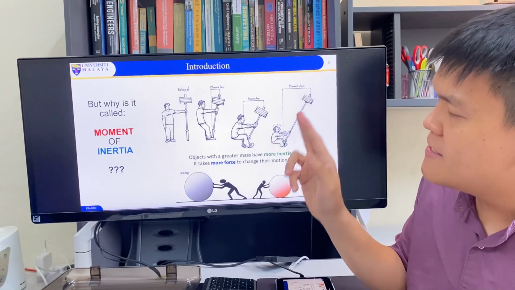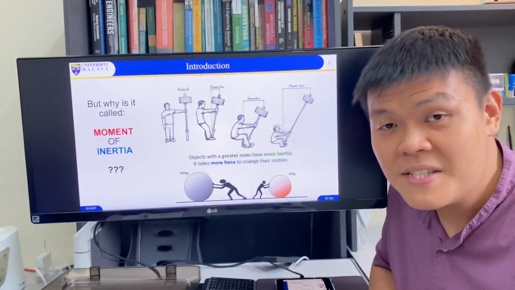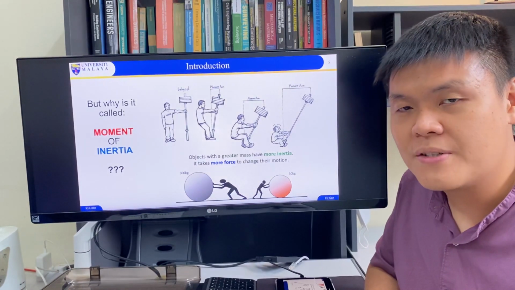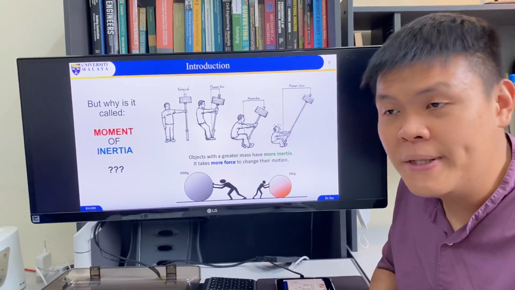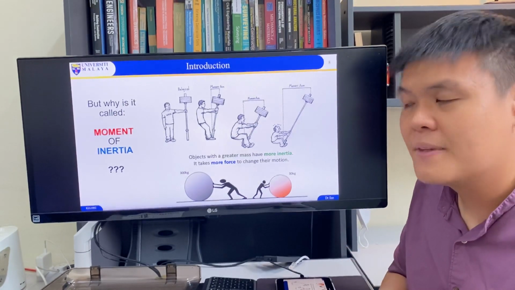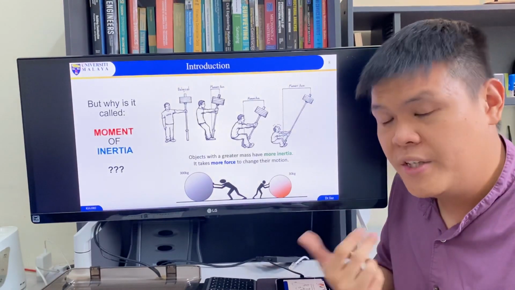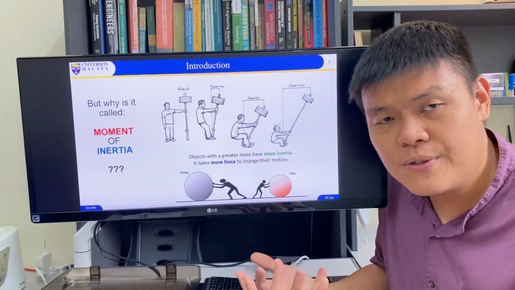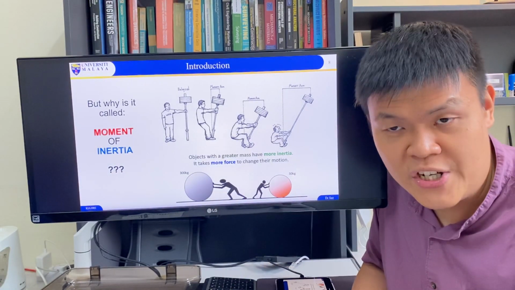As the moment arm extends, it becomes more difficult to hold the weight because there is a higher moment applied to the man. And objects with a greater mass have more inertia. So a bigger ball takes more force or more effort to move because it has more inertia.